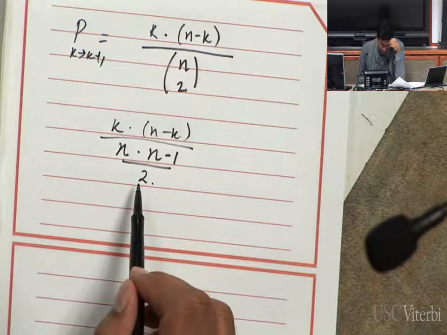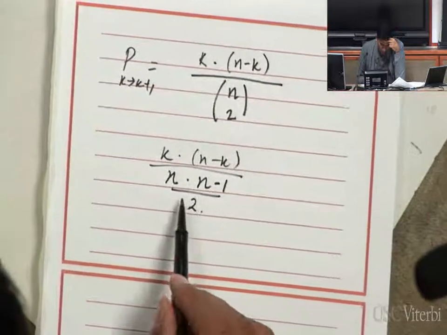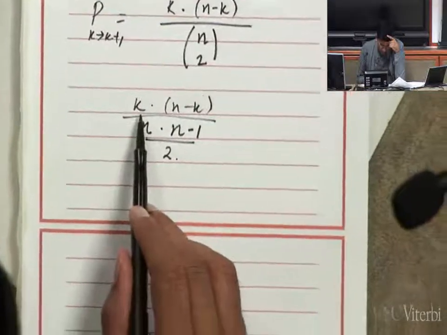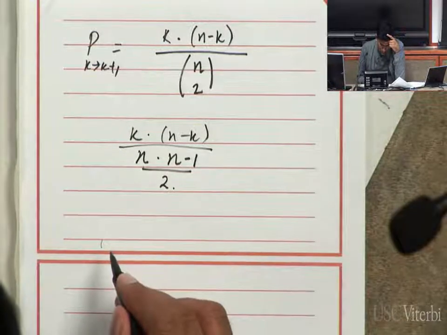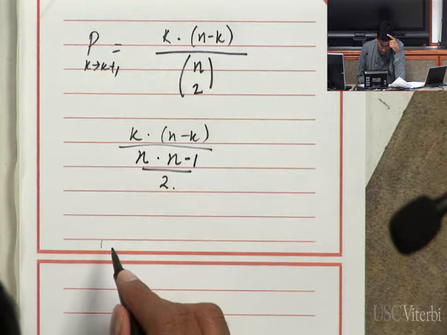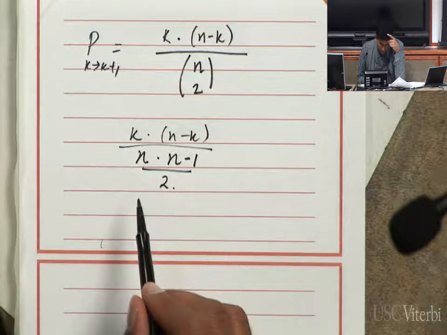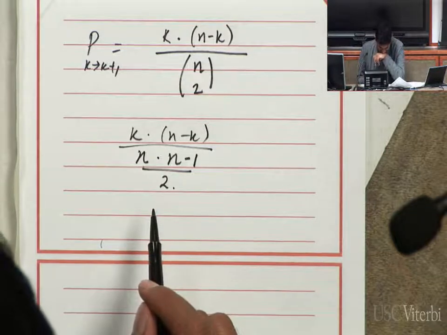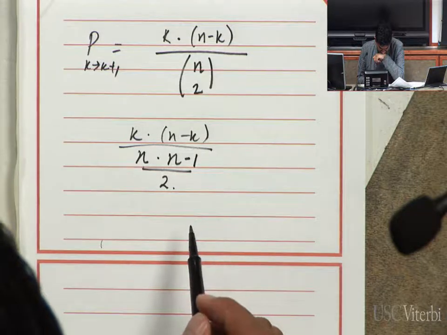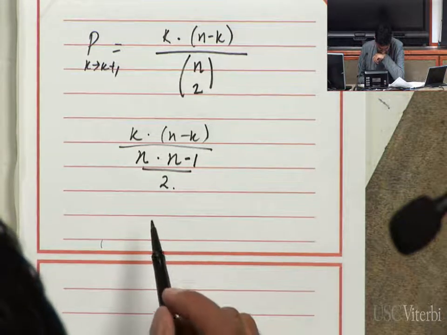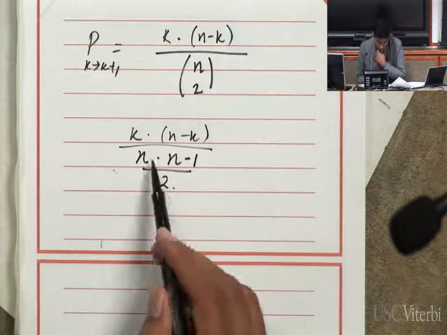Actually, I'm wondering about this divided by 2, given that I did this as k. Think about this for a second.